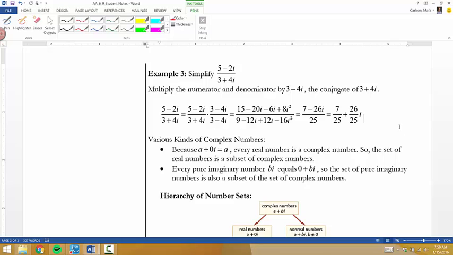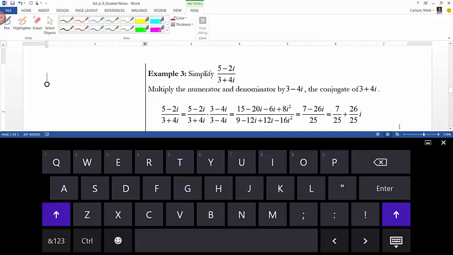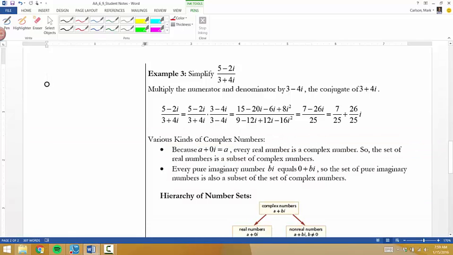And what you do is the following. You multiply top and bottom by the conjugate. So I'm going to multiply both the top and bottom by 3 minus 4i, because it's the conjugate of what's on the bottom, 3 plus 4i.